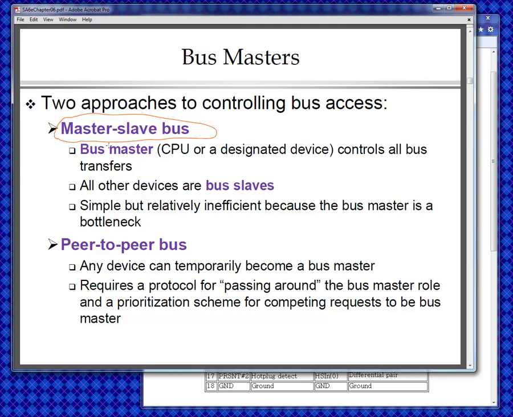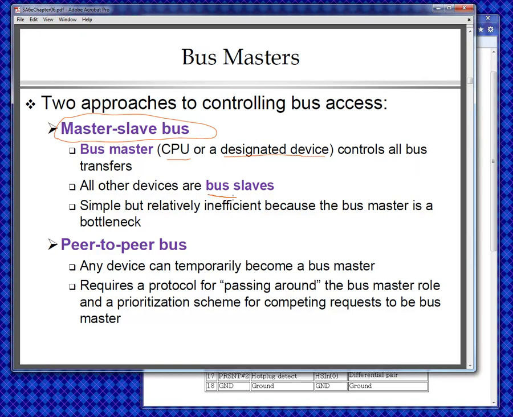It's a classic example of master-slave. The bus master in this case is the policeman standing in the intersection. In the bad old days of computer design, the CPU or some supporting chipset was the bus master, and it controlled all transfers across the bus. If a disk drive wanted to move data to memory, it did so at the explicit request and with the explicit permission of the CPU.